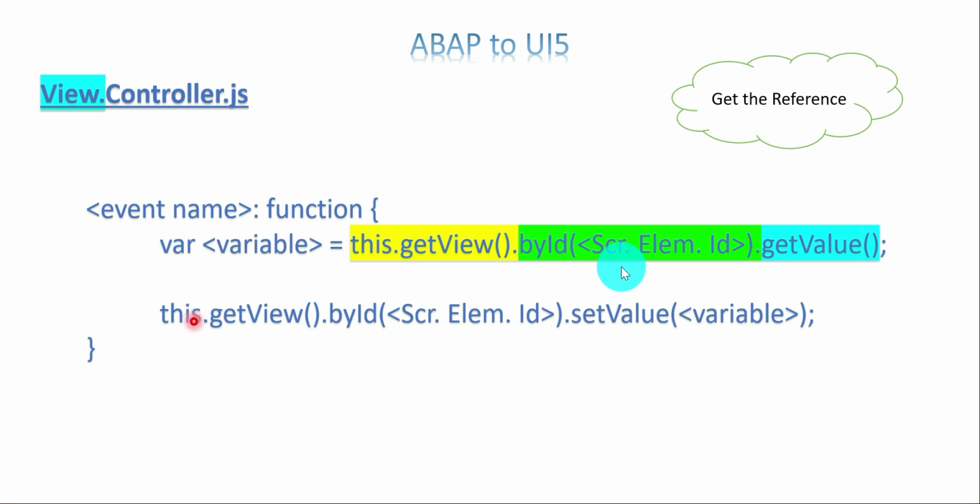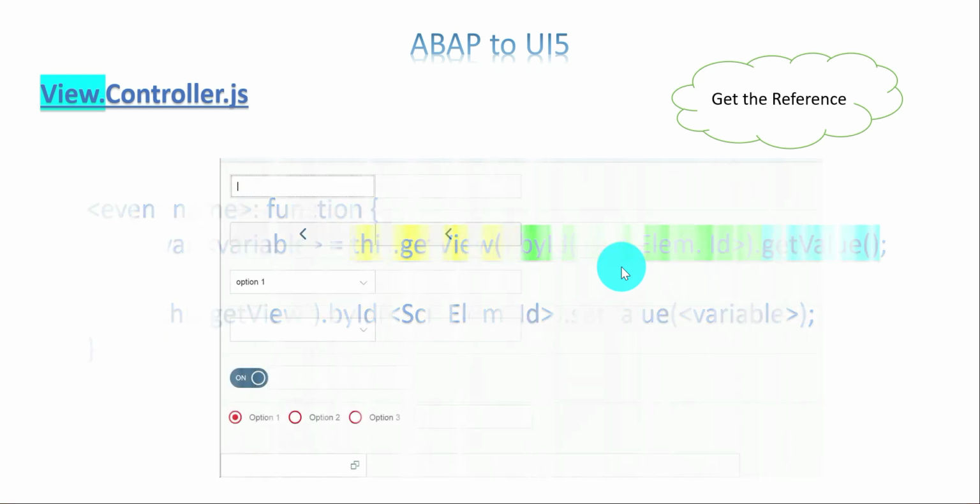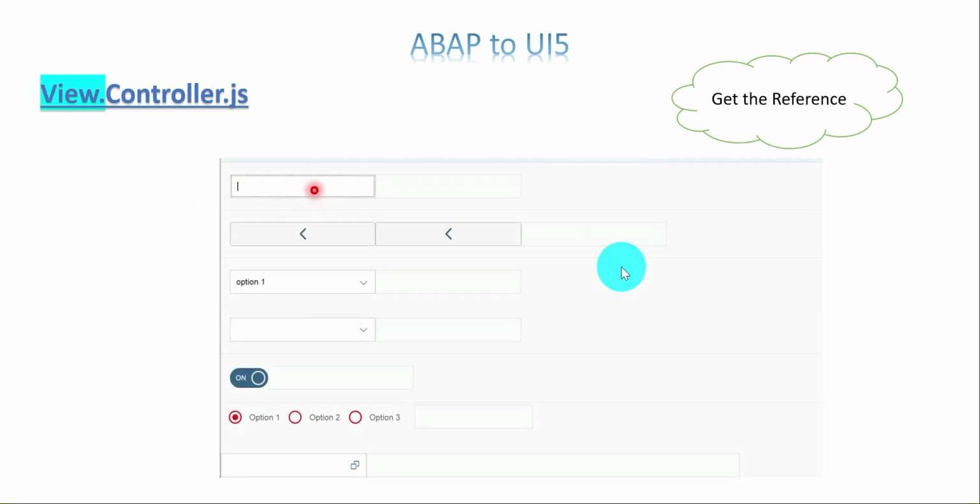Another process is I want to set the value to the screen element using that variable. In this example, read the value from input 1 and write the value to input 2, whatever value is entered here.